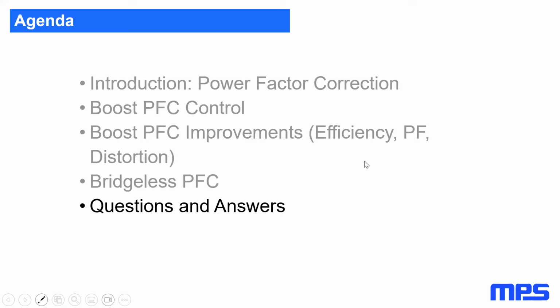You also improve the input ripple, for example, by doing interleaving. So there are always advantages of interleaving. Of course, since you're doubling the amount of components, it has a cost and a size associated to it.